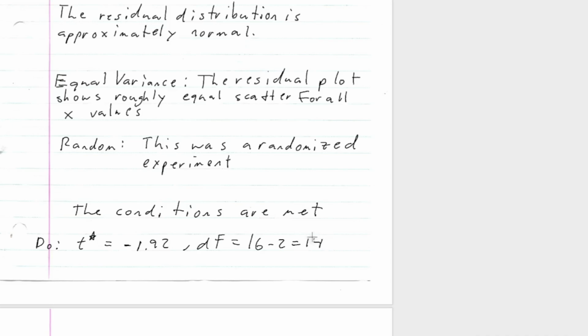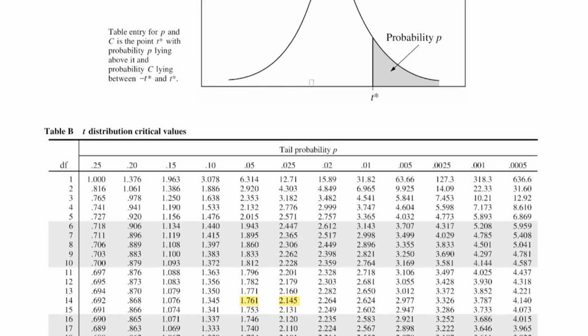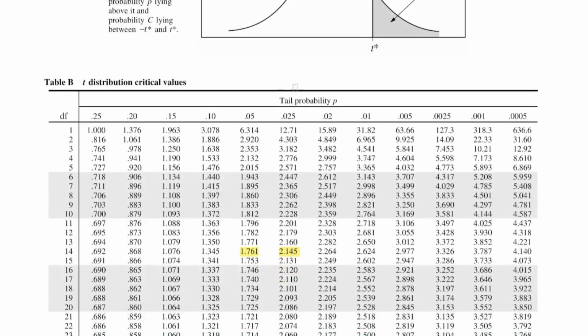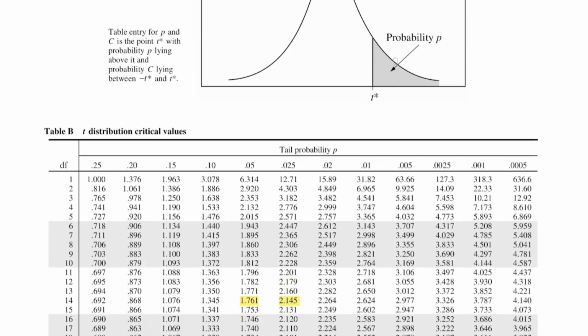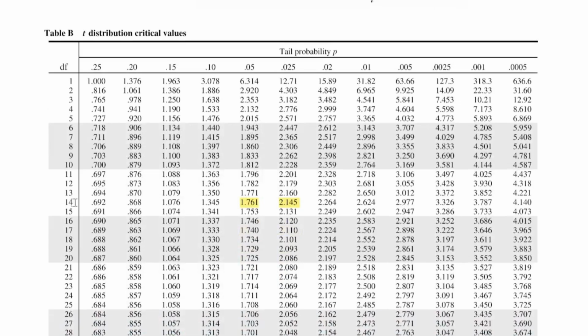So let's go ahead and go to our table. Okay, so here's our T distribution table. And of course, this is the positive and we're looking for the negative, but it's symmetric, so we're good. So we're going to look at degrees of freedom, and 1.92 is between 1.71 and this one here. So the p-value is going to be between 0.025 and 0.05.